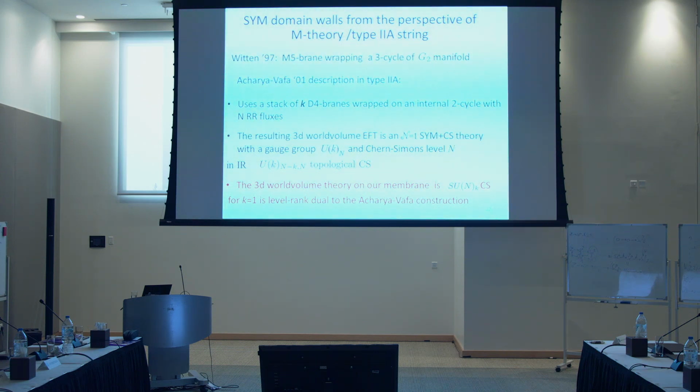And using these level-rank dualities, it can be shown that for k equals 1, this model is level-rank dual to that of Acharya-Vafa. But for k greater than 1, it is an open question how to relate these two descriptions of the domain walls, which I hopefully will address in the future.